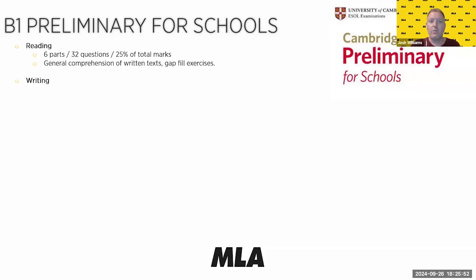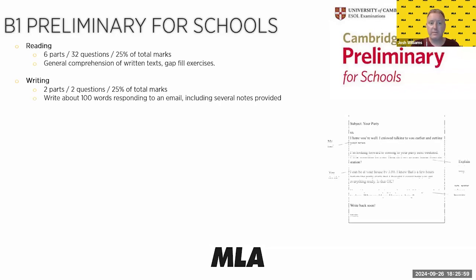We have the writing part, which again is divided into 2. 2 questions, 25%. The first one, you have to write about 100 words responding to an email, including several points provided. There's an example on the right. If you can't see that so clearly, if you're on a small device, don't worry too much.